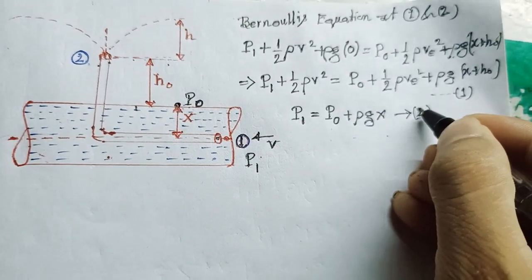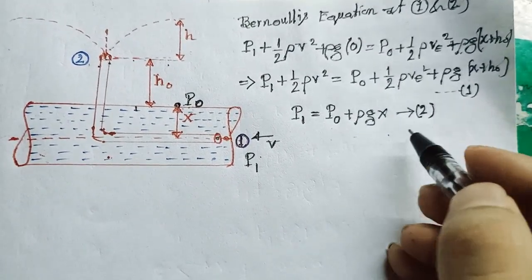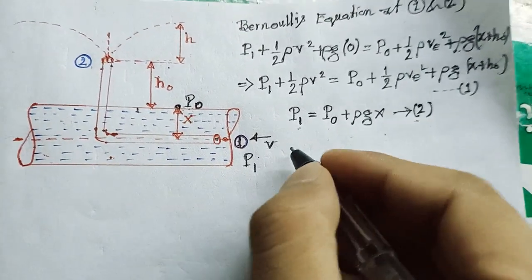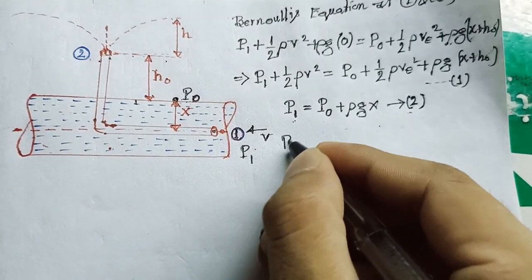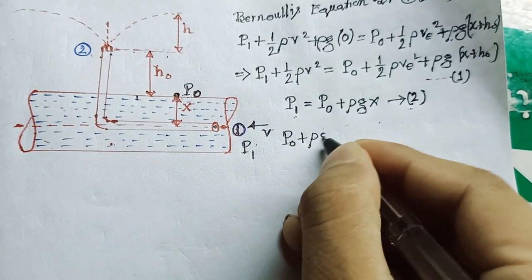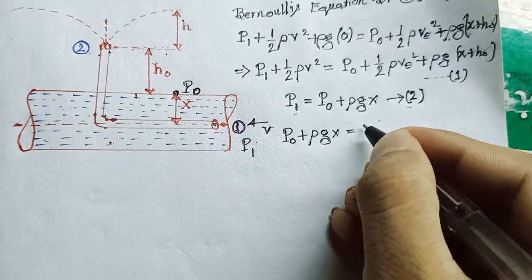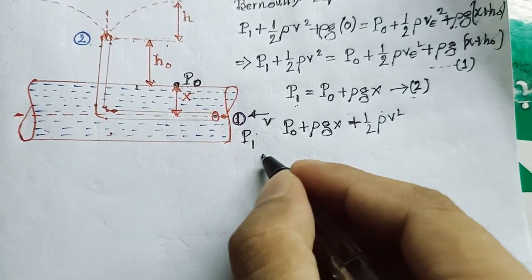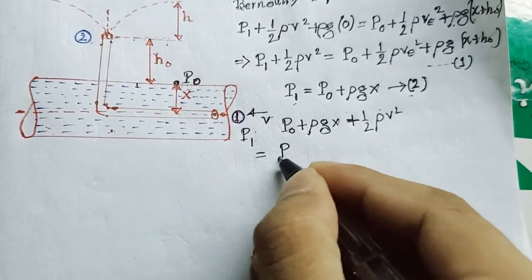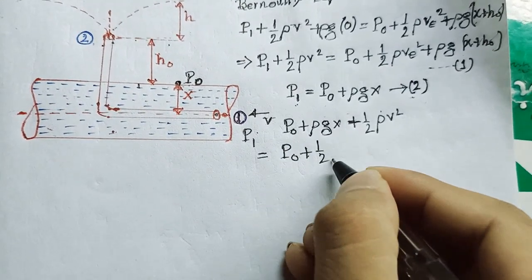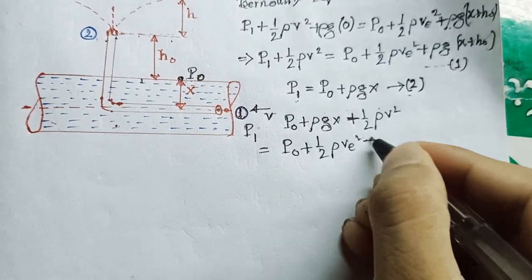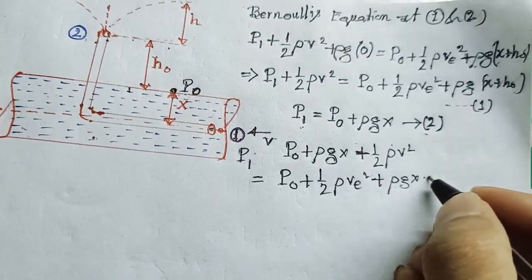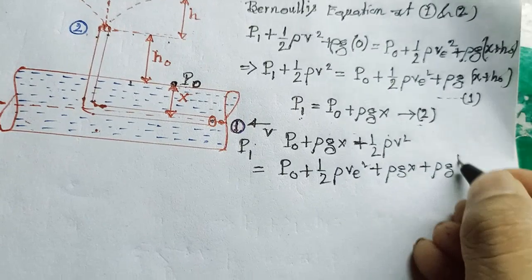Now we will substitute the value of P1 from equation number 2 into our equation number 1. Then equation number 1 will become P naught plus rho g x plus half rho v square equal to P naught plus half rho v e square plus rho g x plus rho g h naught.